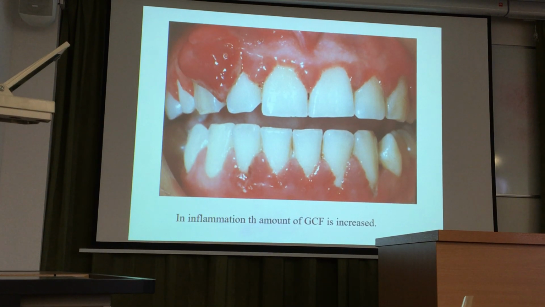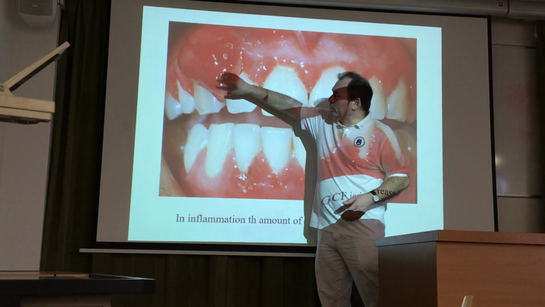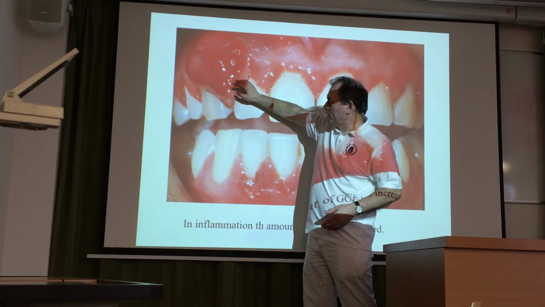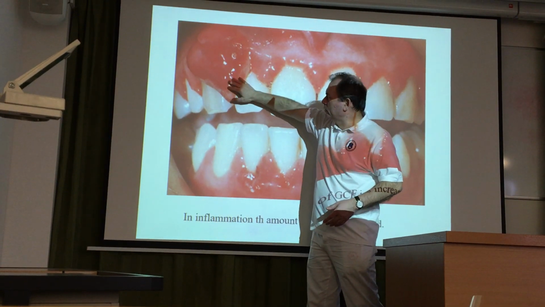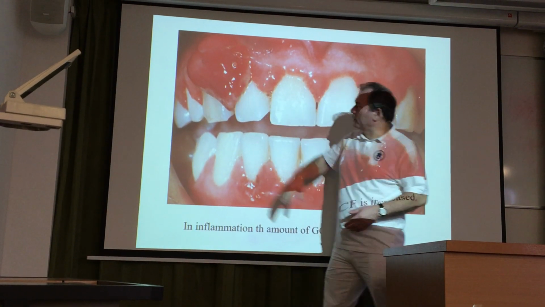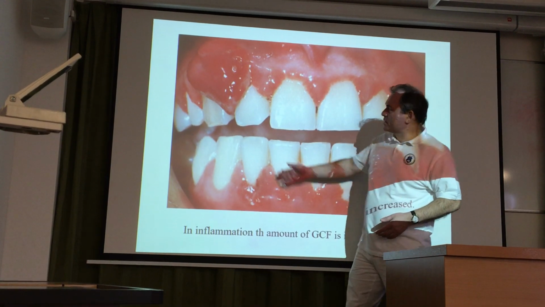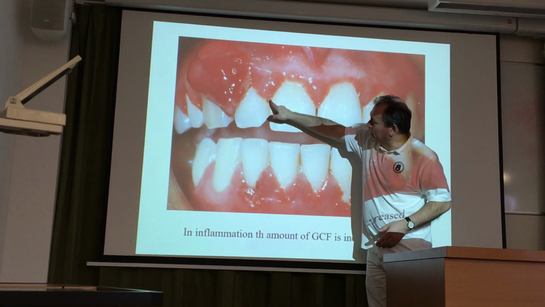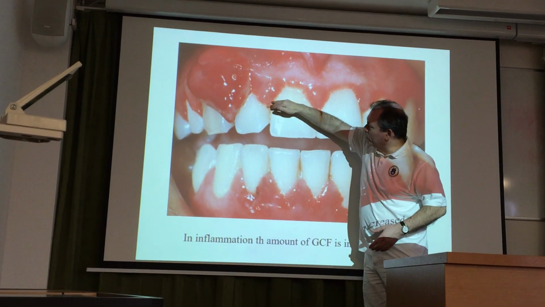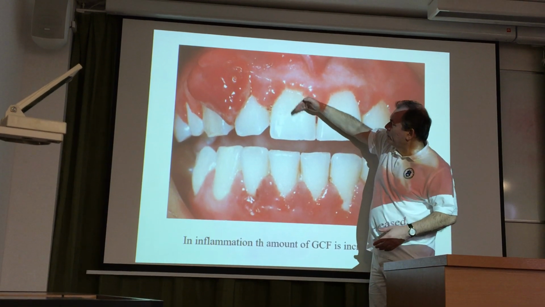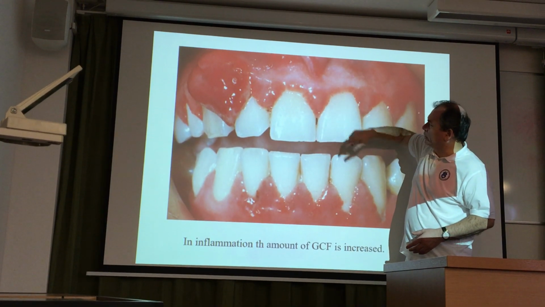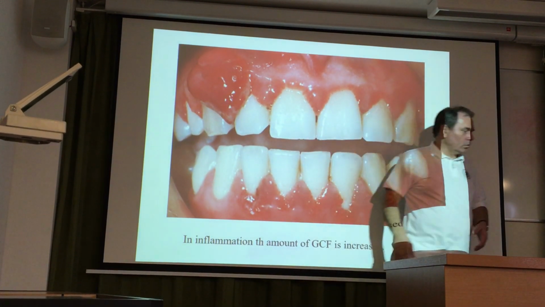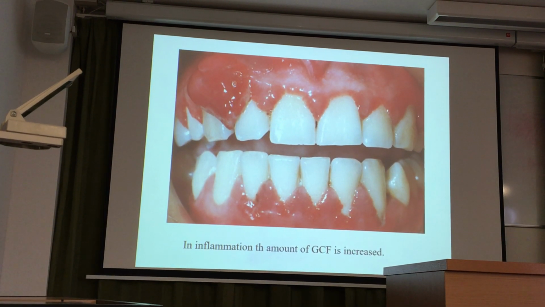And you can see here inflammation, large overgrowth, abscess formation, like you know, in the case of epulis it is similar. So in clinical inflammation, you can see the level of the gingiva, and the excessive formation of fluid all around the margin.